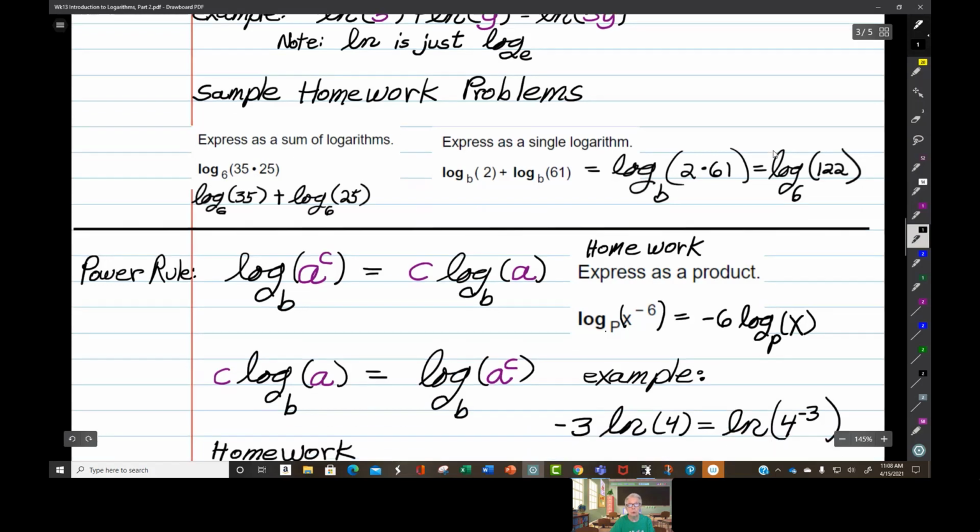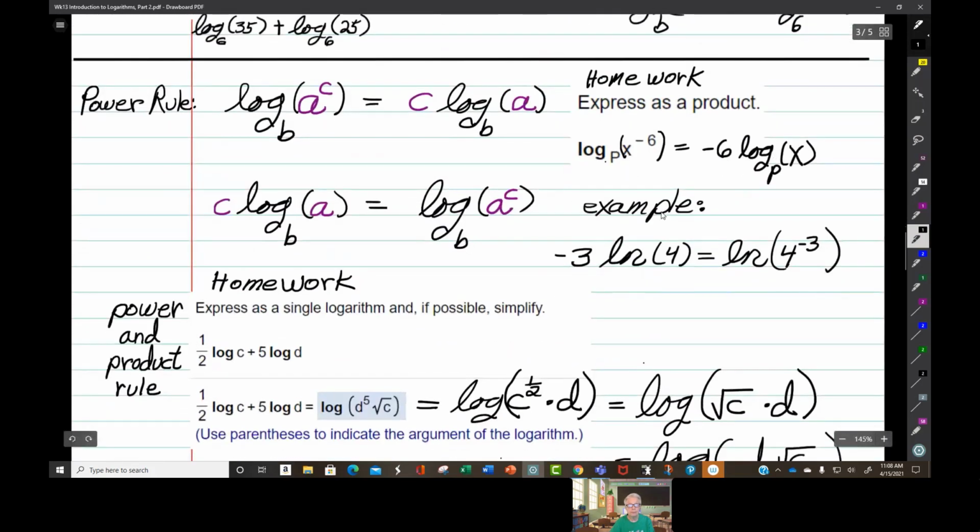Now we have the power rule. Log to any base of a number raised to a power is going to be that power, that exponent, brought down in front and multiplied by the log base b of the number.